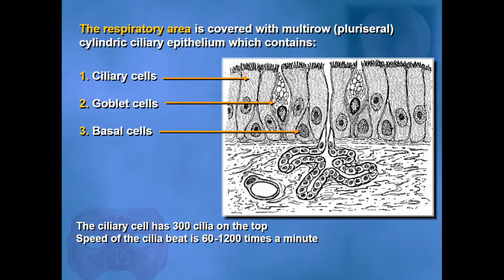So three main types of cells: ciliary cell, with cilia on the top of the cell, goblet cell that produces mucus, and basal cell that may transform into goblet or ciliary cells.